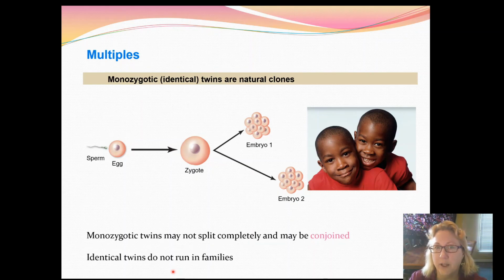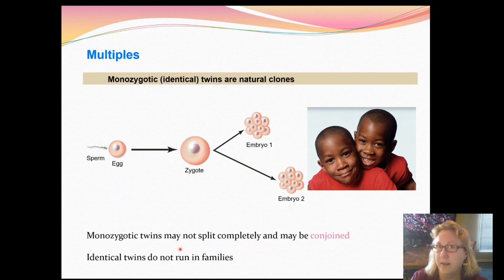We do know that when in vitro fertilization is used, the chances of identical twins increases. So handling the embryos outside of the body increases the chance that there will be identical twins produced. But it does not run in families. Now, there's always somebody who says, well, I have an aunt who's an identical twin, and then she had children or grandchildren who are identical twins.